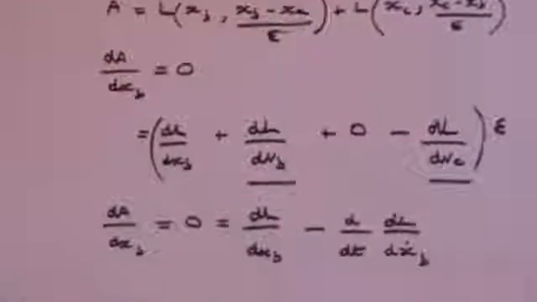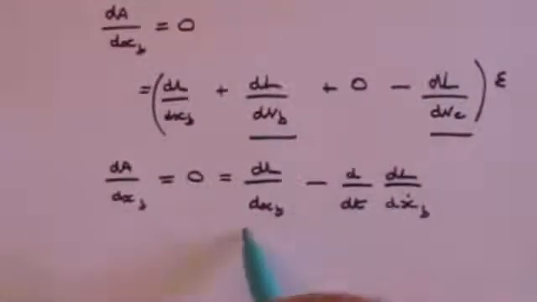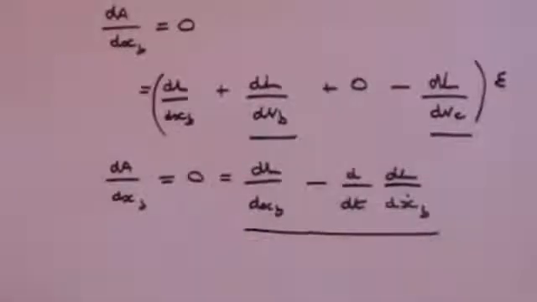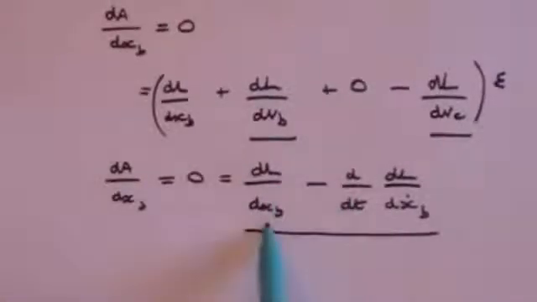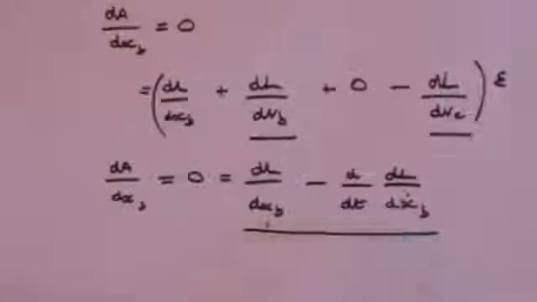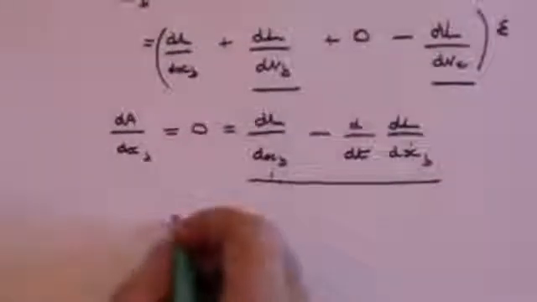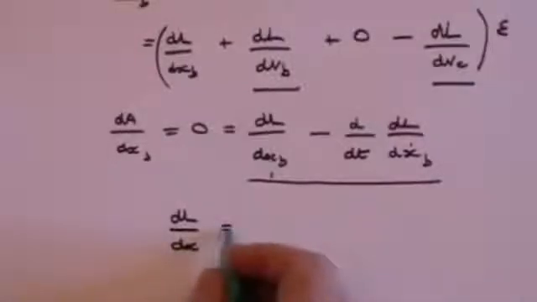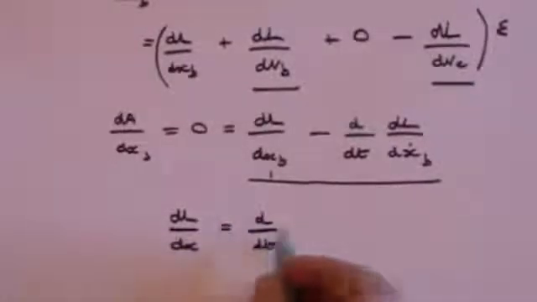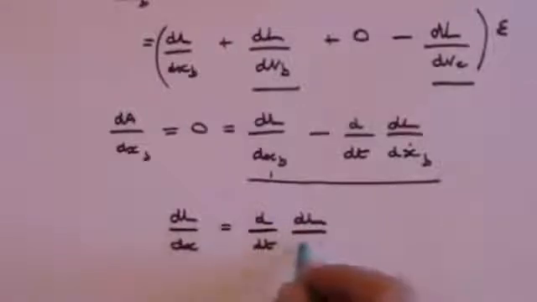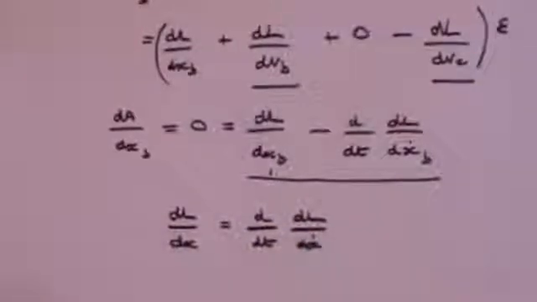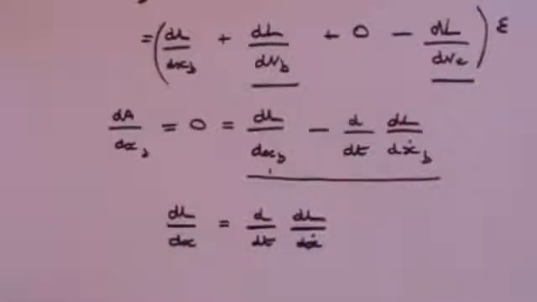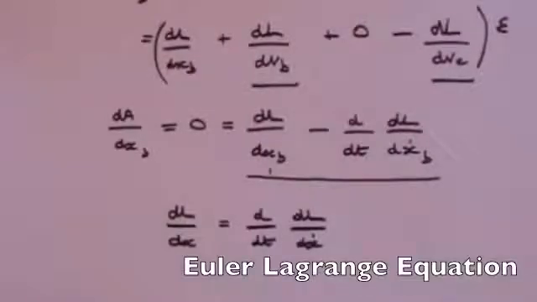And if that's the case, then this term here equals 0, which means that this term must equal this term. So dL by dx, I'll forget about the b now, is equal to d by dt of dL by dx dot. And that is called the Euler Lagrange equation.